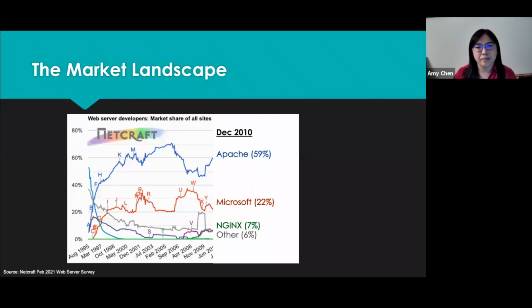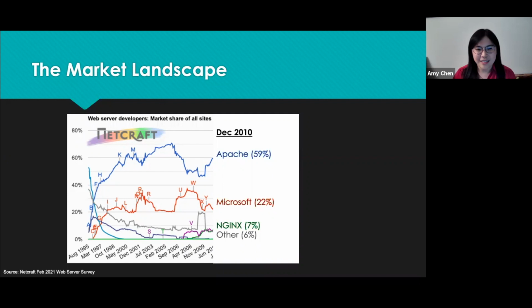This data is collected by an industry player called Netcraft, who does, it looks like, almost monthly surveys of billions of websites, basically all the websites that exist in the world. They're trying to sample and see which technologies are being used by the websites.